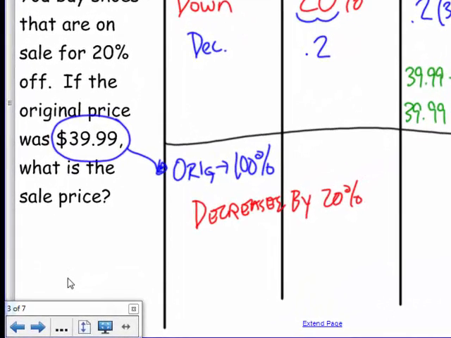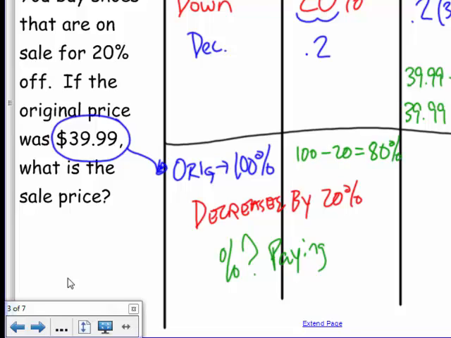So if it decreases by 20%, what percent are we paying for? Well, 100 minus 20 would be 80. So we're really paying 80% of the total cost. So I'm going to write that here, 80%. So does that make sense?